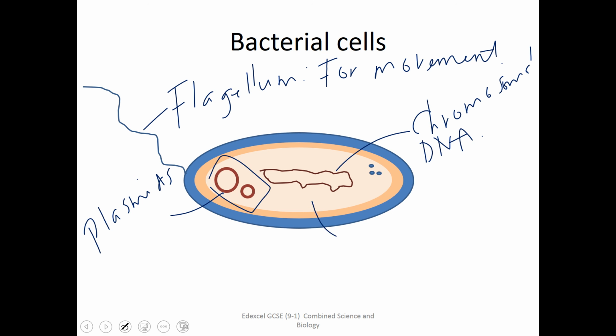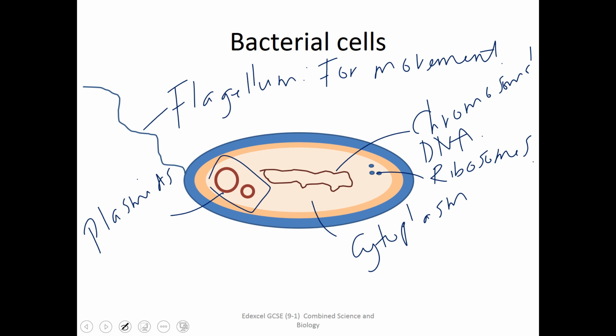We then have the cytoplasm. And the cytoplasm contains ribosomes. And one of the key things to remember here is that the ribosomes are much smaller than those found in the eukaryotic cells.